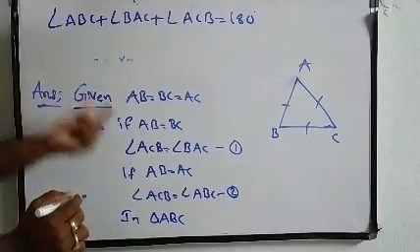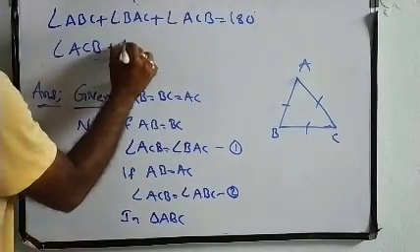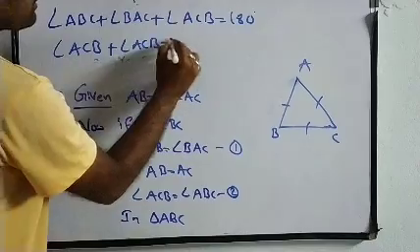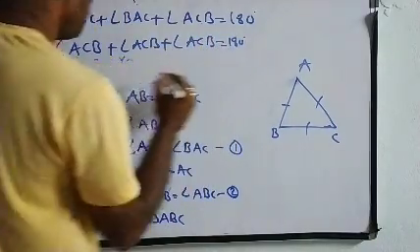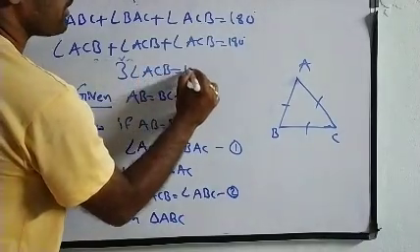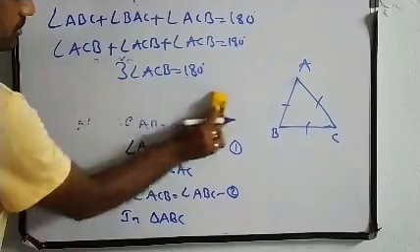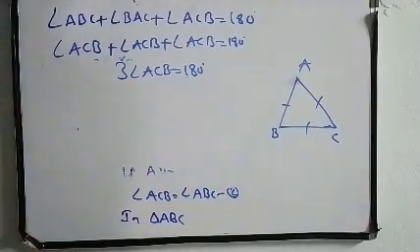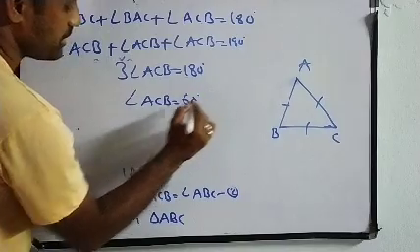Instead of angle ABC and angle BAC, I can write ACB. Angle ACB plus angle ACB plus angle ACB is equal to 180 degrees. So 3 times angle ACB is equal to 180 degrees, so angle ACB is equal to 60 degrees.